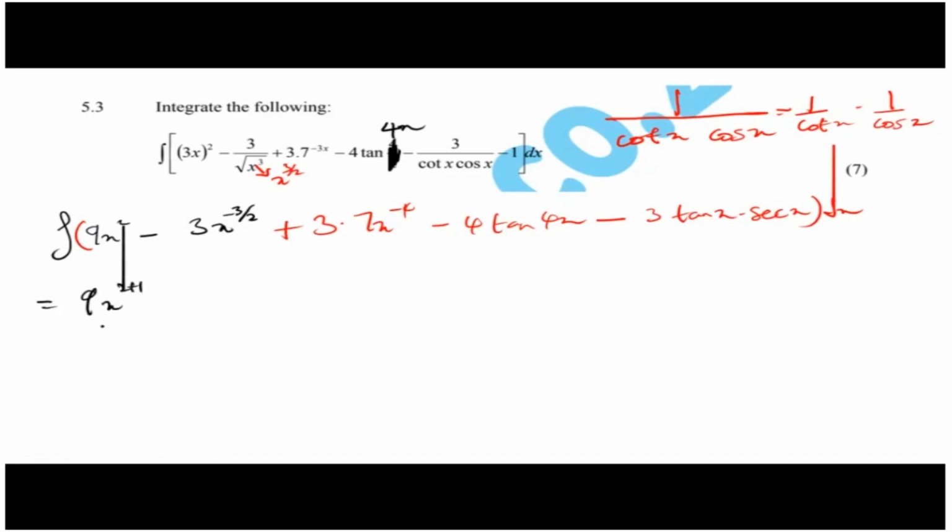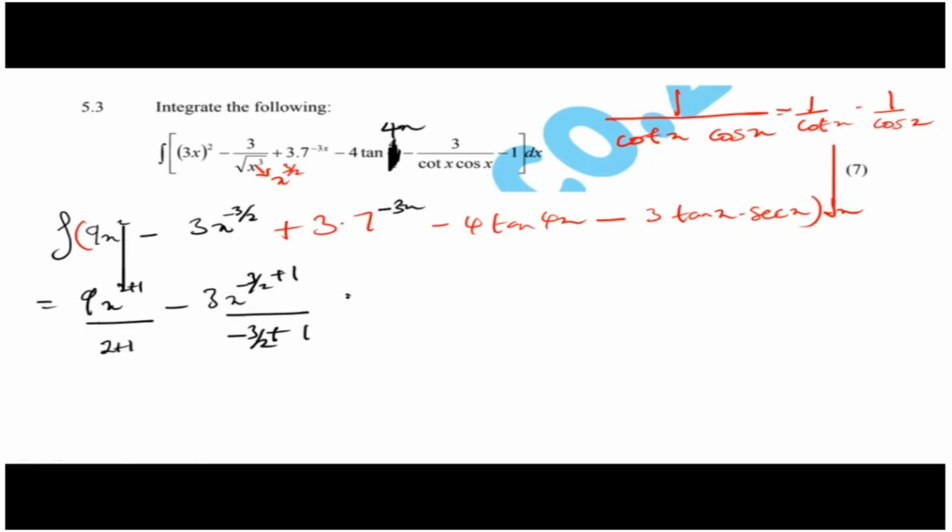9x squared, plus 1 over 2 plus 1. Here is x raised to power minus 3 over 2 plus 1, over minus 3 over 2 plus 1. That's raised to power minus 3 over 2, 3 over 3x. Okay, good.